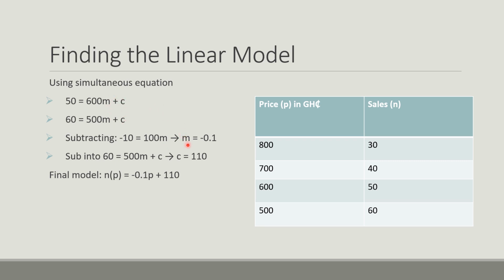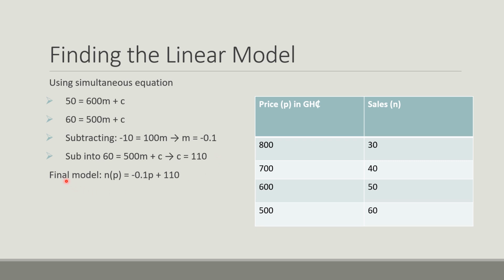So now our m will be equal to negative 0.1, where m represents the constant change in the price and sales of the phone. Then we can substitute the 60 and the 500 back into the expression, and find C, and C will be equal to 110.